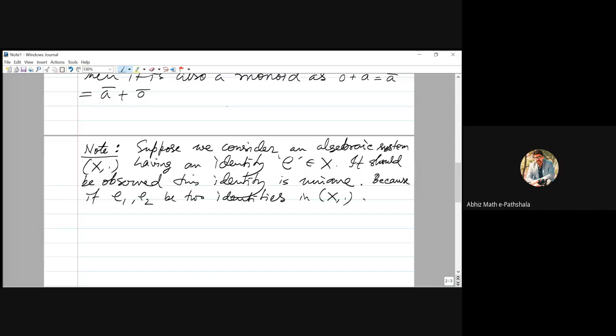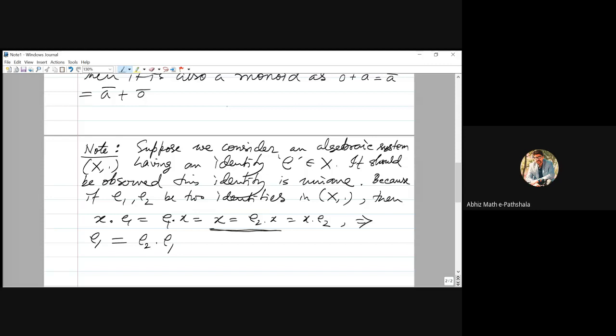Then just applying the equations they satisfy, that is x dot e1 equals e1 dot x equals x, and equals e2 dot x, x dot e2, which will imply that e1 equals, now what you can write, just put e1 here, then you will have e2 dot e1, right?